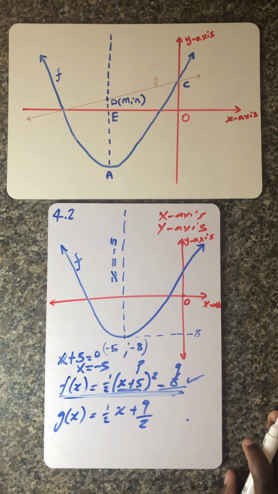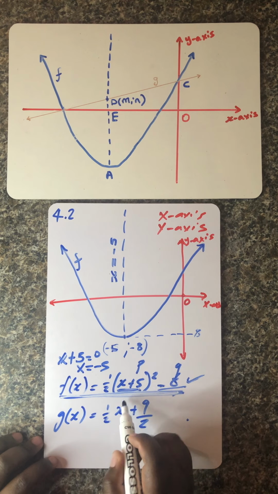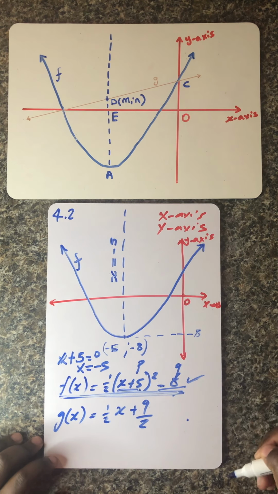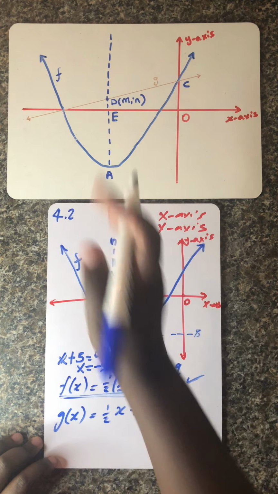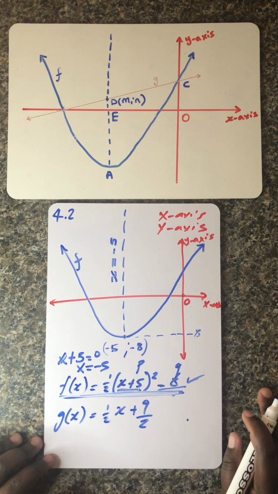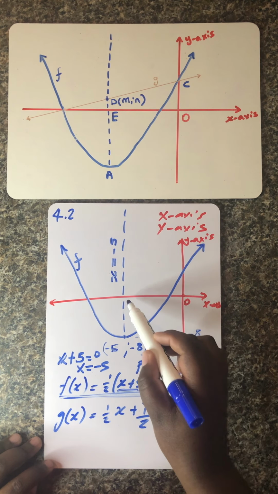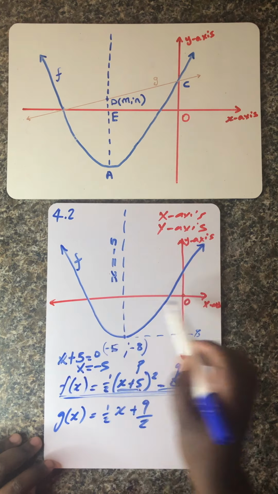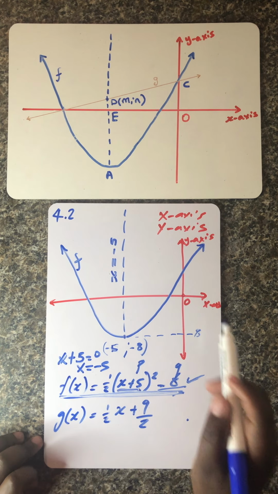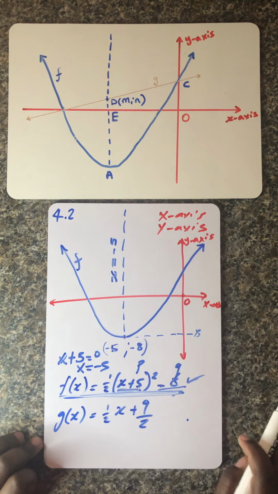So, ladies and gentlemen, I've just explained that this information helps us to find the x value, or the x-intercept, of the axis of symmetry. So in simple words, I'm just saying that broken line touches the x-axis at -5. So it really confirms that this side is the negative side of the x-axis.